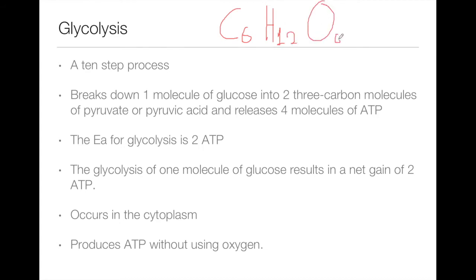So it takes glucose and breaks it down. Glucose is a molecule with 6 carbon atoms, and it is split into 2 molecules of pyruvate. The product of the 10-step process is pyruvate, which is a 3-carbon molecule.